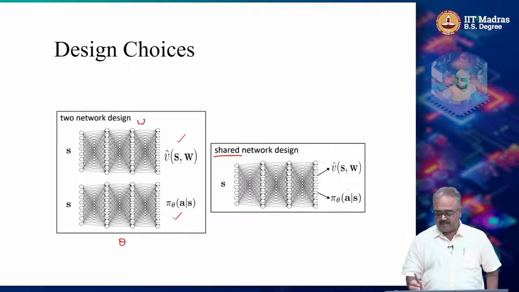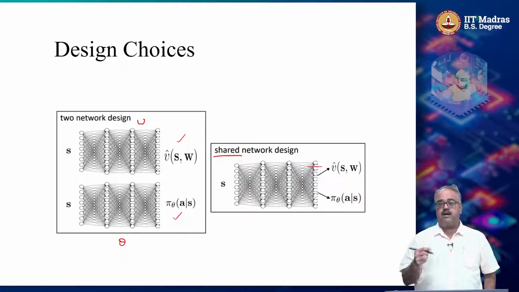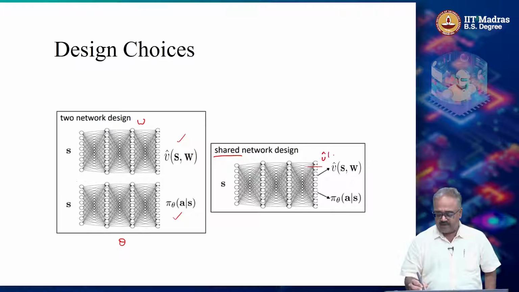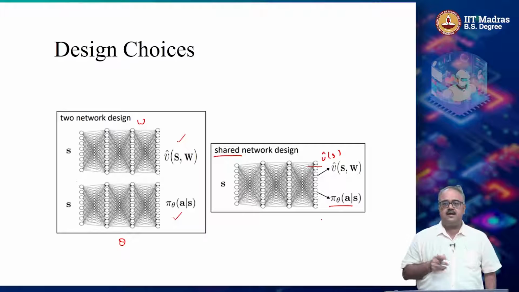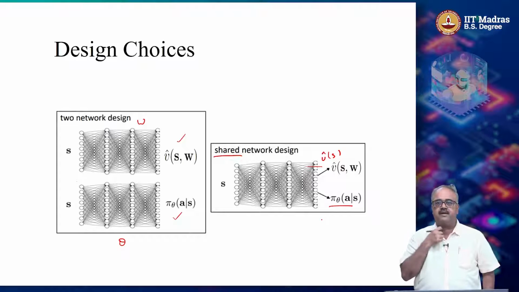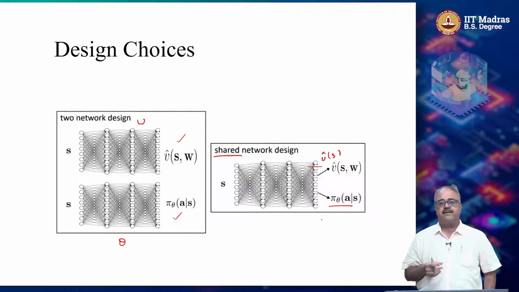So, what happens is, literally one of the outputs will be for outputting V hat of S, right, and the rest of it will give you pi theta, which has to give you one output for each action, or some kind of a sample distribution. So, you have to have some kind of a mu and sigma, which you then sample from, and so on and so forth.